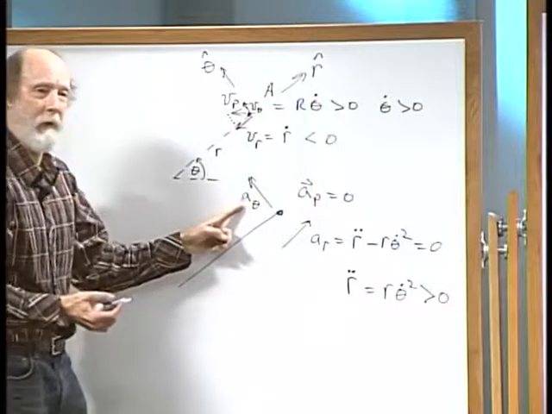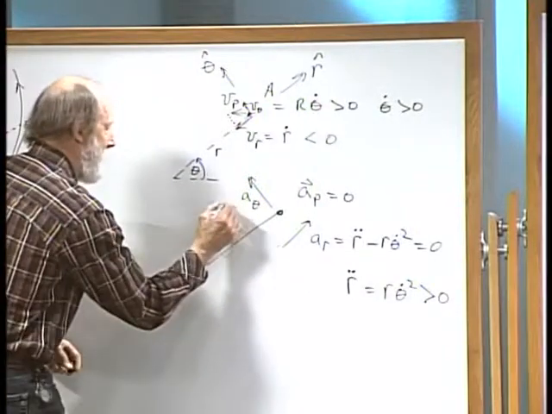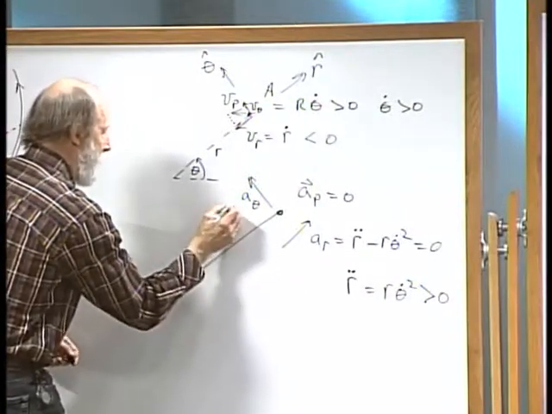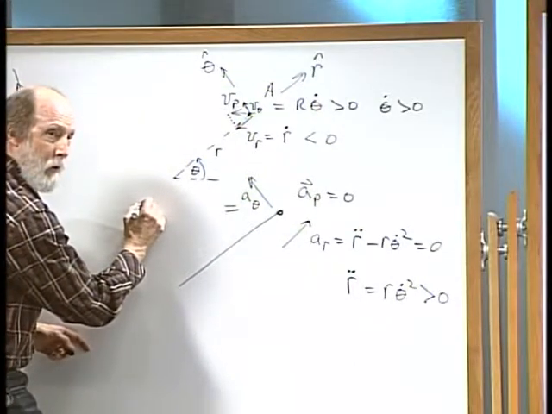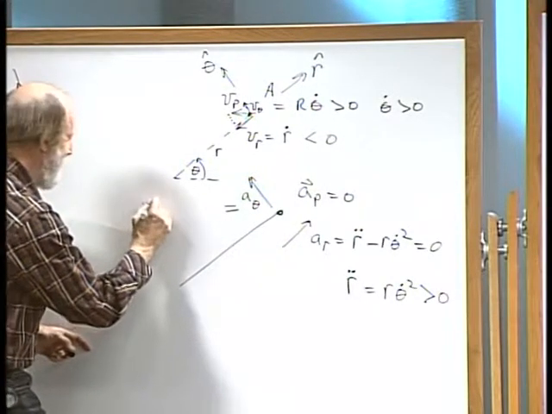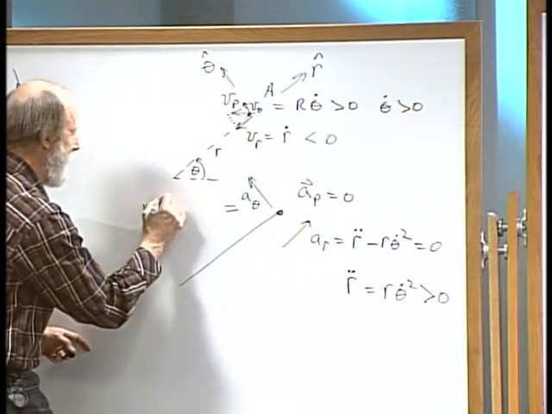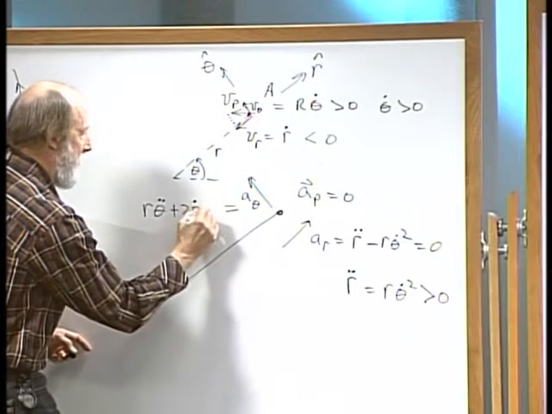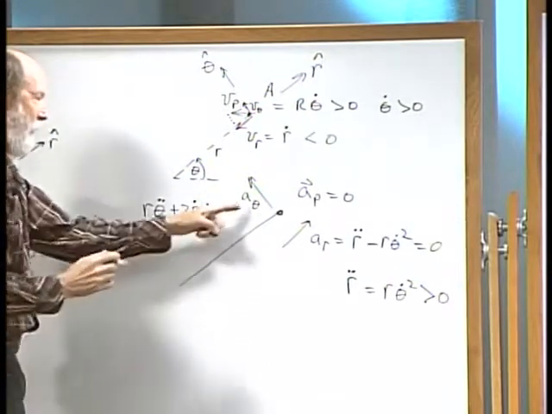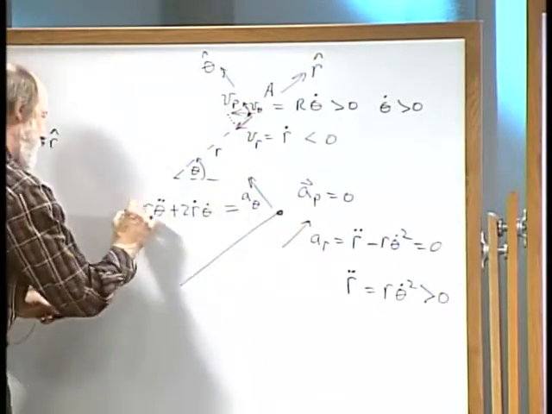Let's look at the theta term. This theta term is equal to, you got it in your brain yet? R theta double dot plus the Coriolis term, 2r dot theta dot. And this term must equal 0.